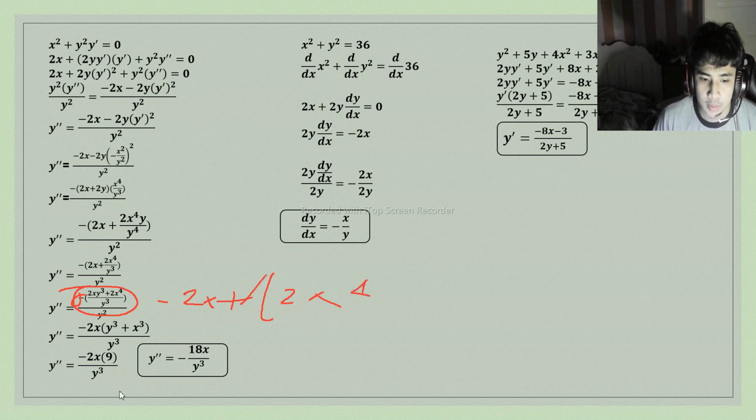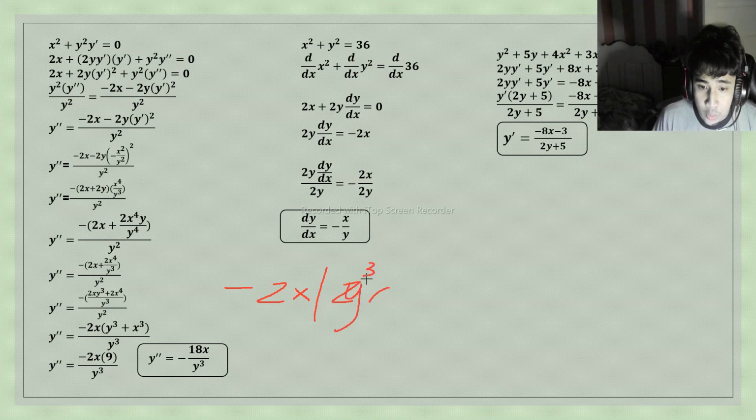Negative 2x quantity, y cube plus x cube. Kasi, ayun yung natin, di ba? Yung variable na y cube.